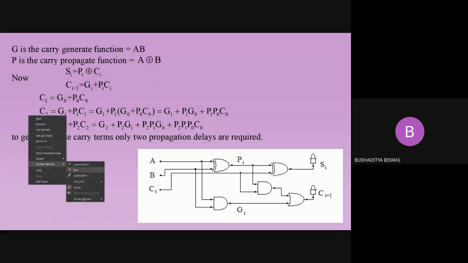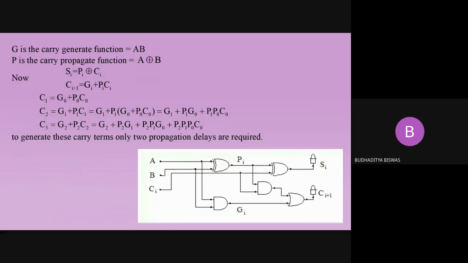Now the question is that if all these types of resources are available with you, then how much time is needed to generate the term C1? Consider that G0, P0, all these terms are available from the beginning, from the time instant T0. All the G and P terms are available from the beginning, means at T equal to 0. So how many propagation delay times are needed to calculate the C1 term?